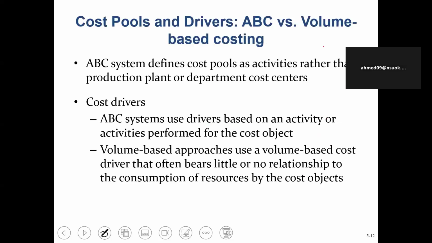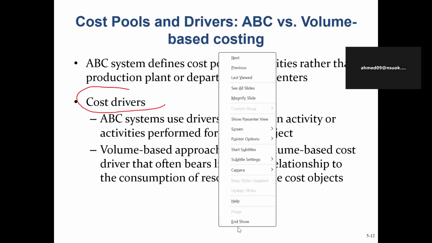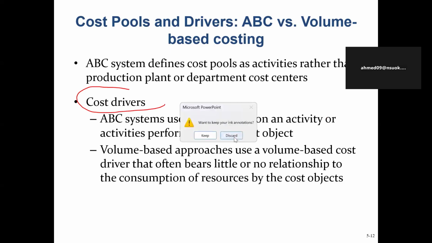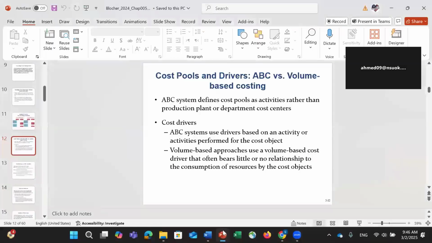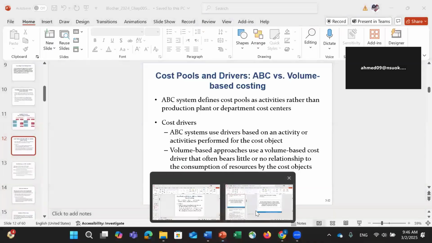Okay. So now cost drivers, we already talked about it. So let's go directly to an application and see how the cost is done in both methods, the traditional and ABC.